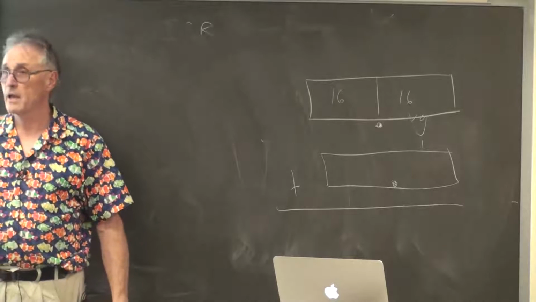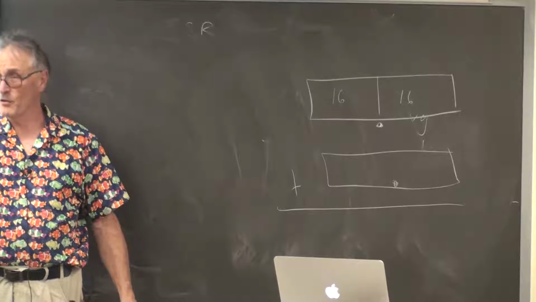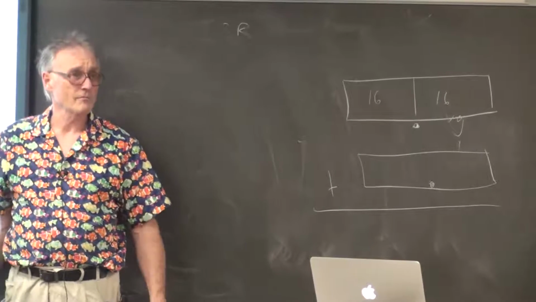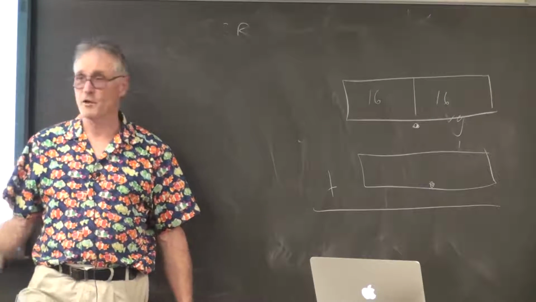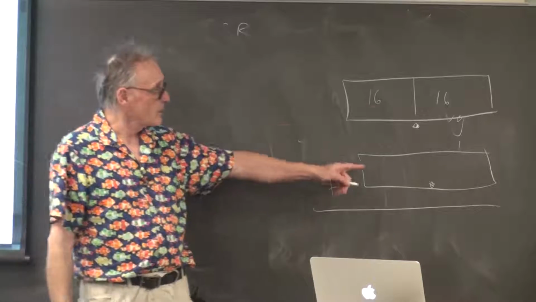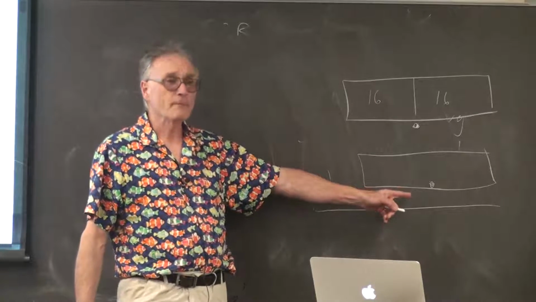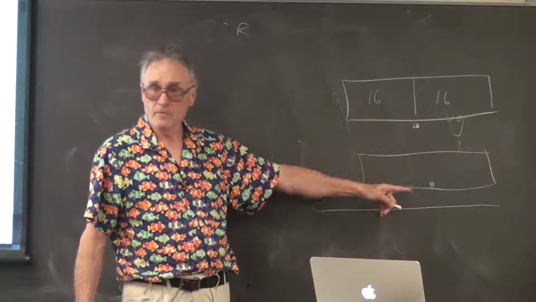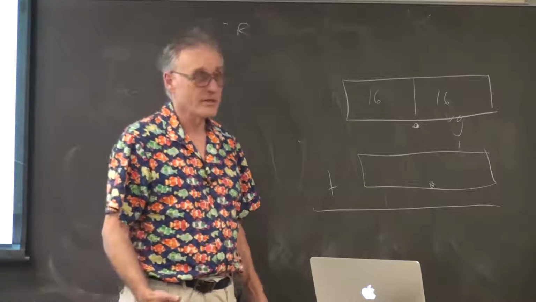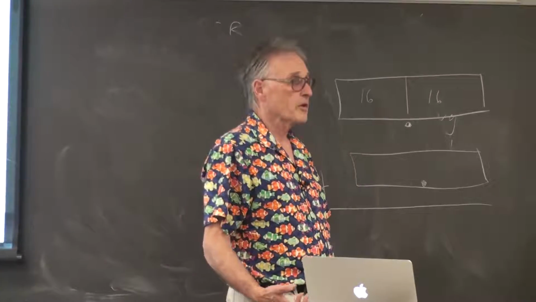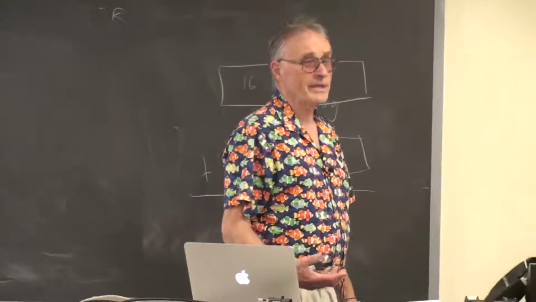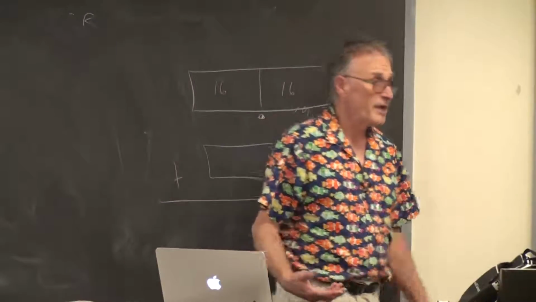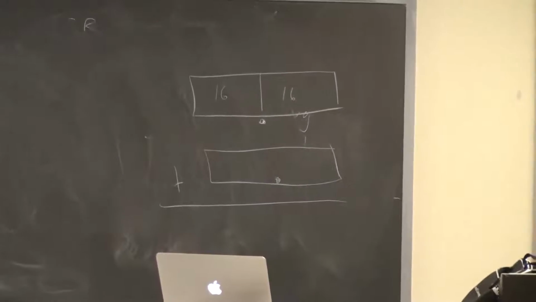Does it overflow? As long as it doesn't overflow, you do. If it overflows, all bets are off. So add is free. Add is just exactly the same as an integer operation. Subtract is the same as an integer operation. The other math operation we need for DSP is a multiply.